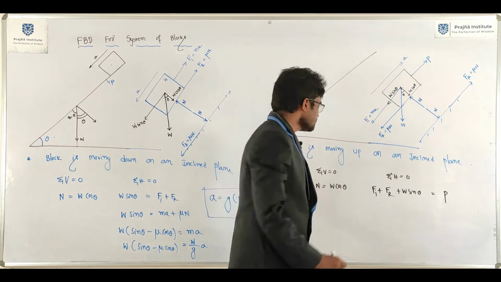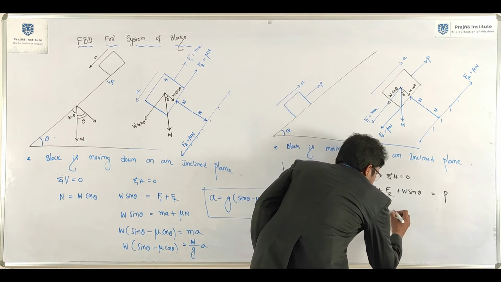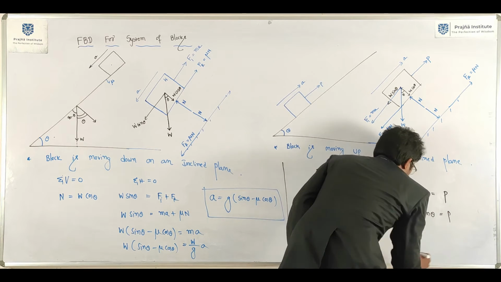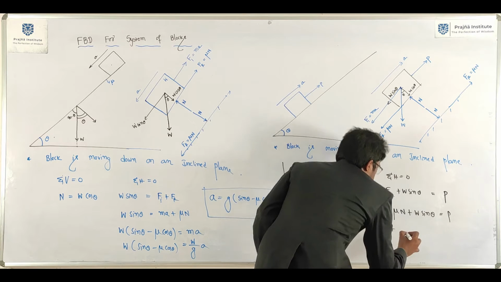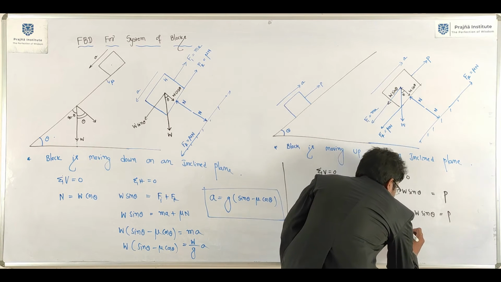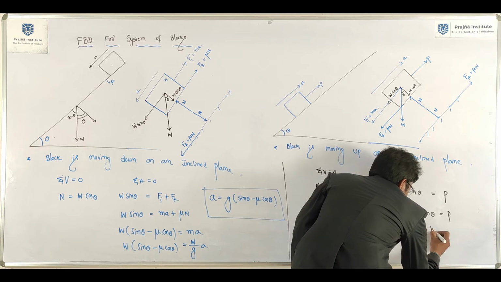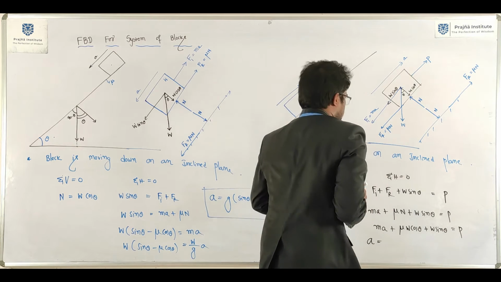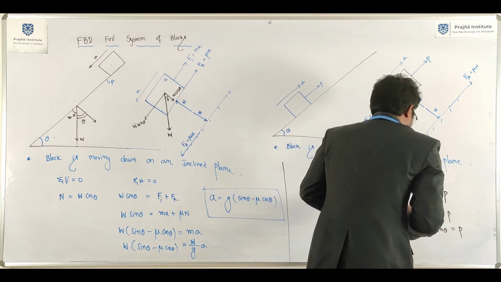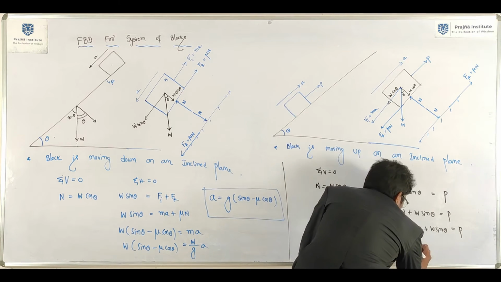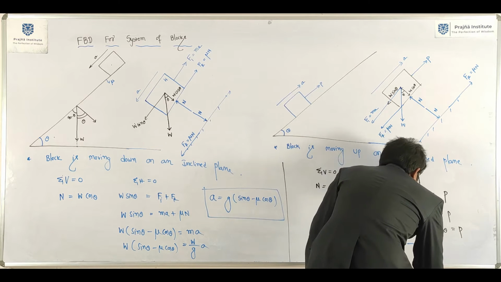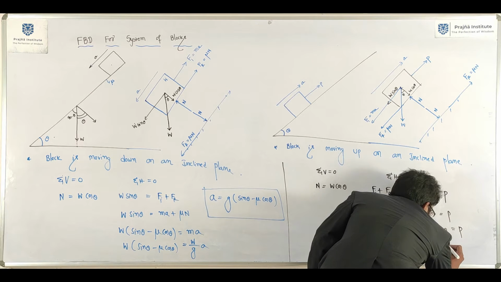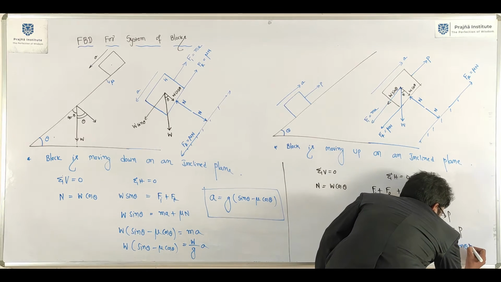Correct now? Mass into acceleration plus mu into N plus W sin theta equals P. Mass into acceleration plus mu W cos theta plus W sin theta equals P. Finally, acceleration equals, tell me, P minus W into (mu cos theta plus sin theta).